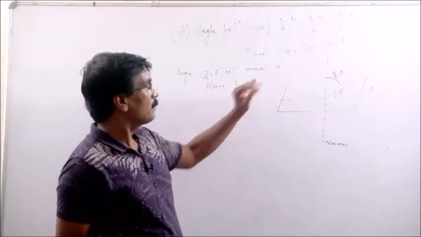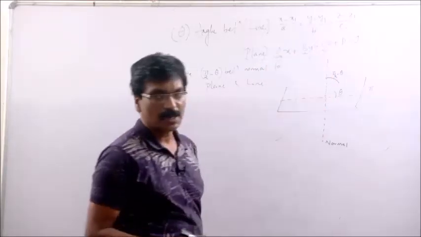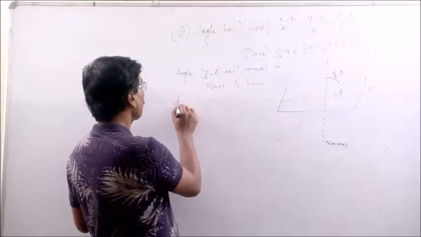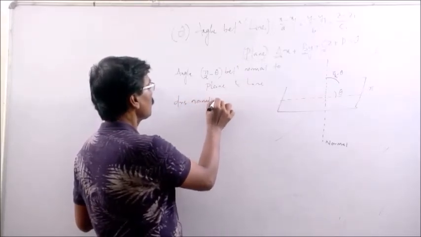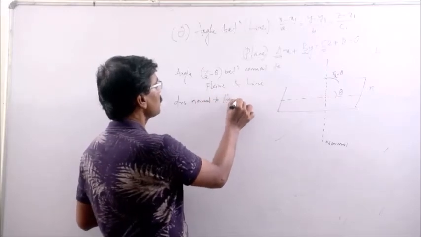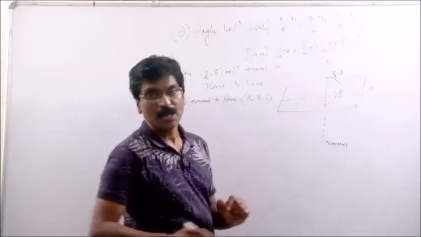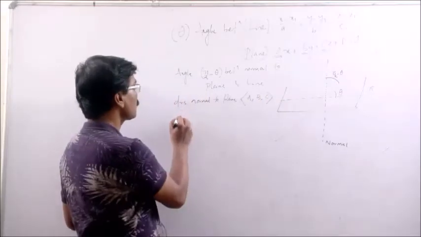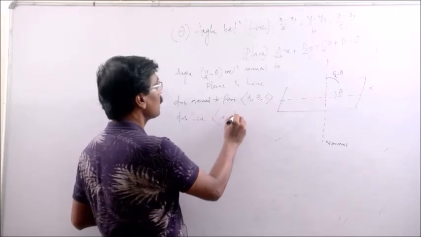So, why normal? Because A, B, C are direction ratios of the normal to the plane. So, direction ratios of normal to plane are A, B, C, and direction ratios of line are small a, b, c.